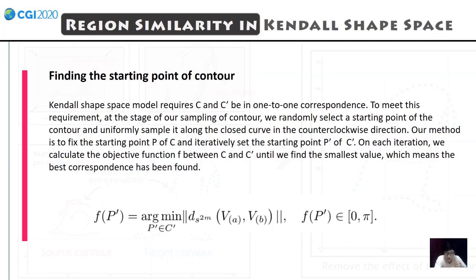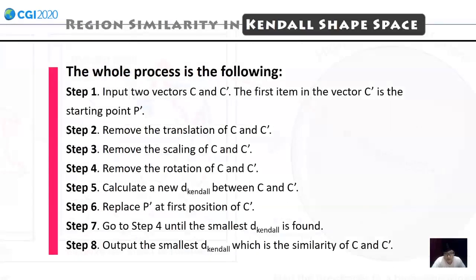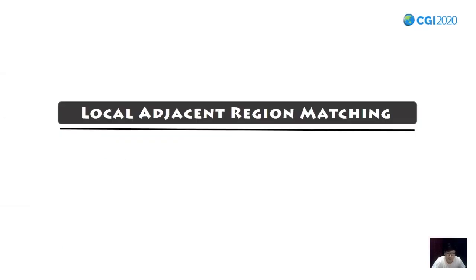On each iteration, we calculate the objective function f between C and C prime until we find the smallest value. This is the whole process of our algorithm, and we skip this part to save time. If you are interested in this, you can find it in our paper.